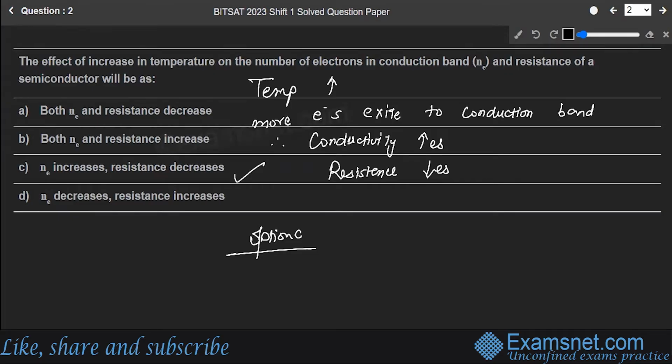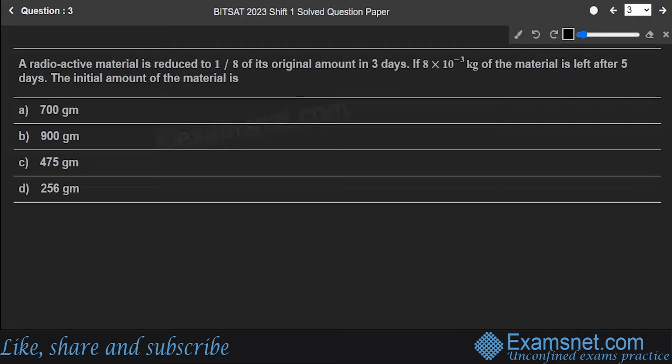Hope you got that. Let's move to the next question, number 3. A radioactive material is reduced to 1 by 8 of its original amount in 3 days. If 8 into 10 raised to power minus 3 kg of the material is left after 5 days, the initial amount of the material is.